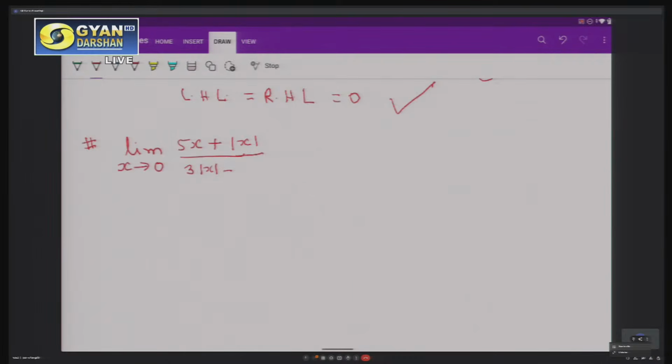Three mod x minus 7x. Now quickly you have understood the concept, so quickly we will do it.